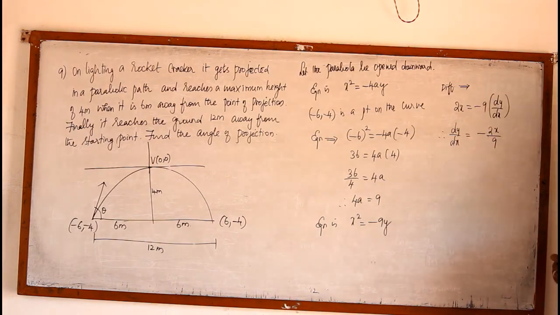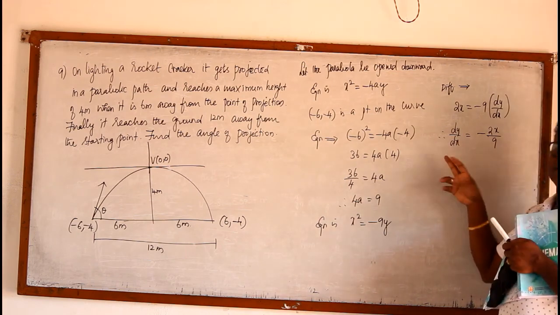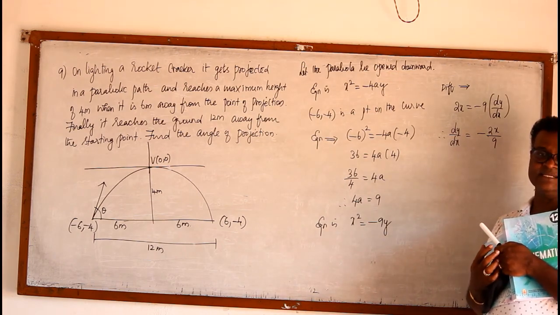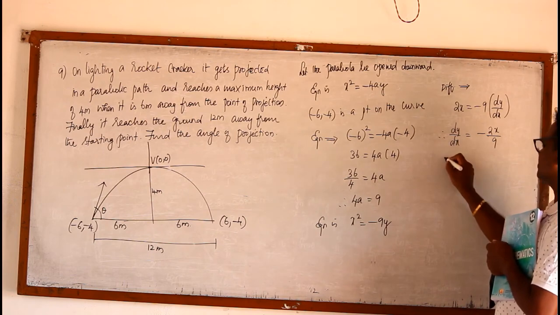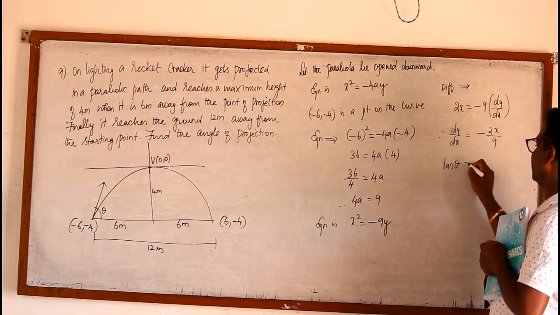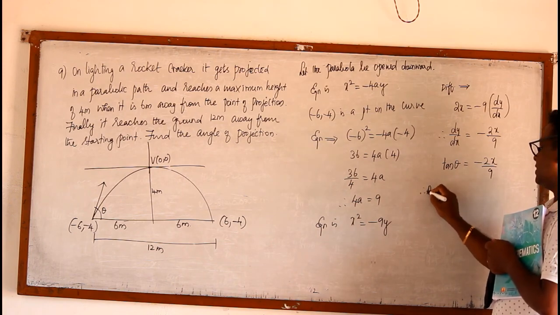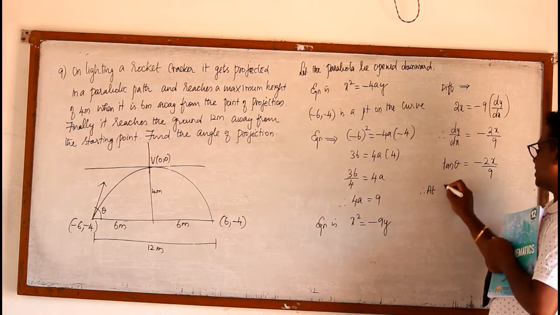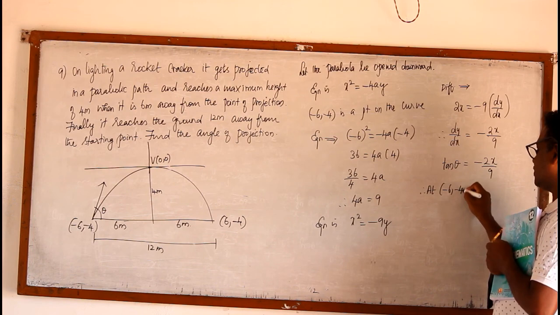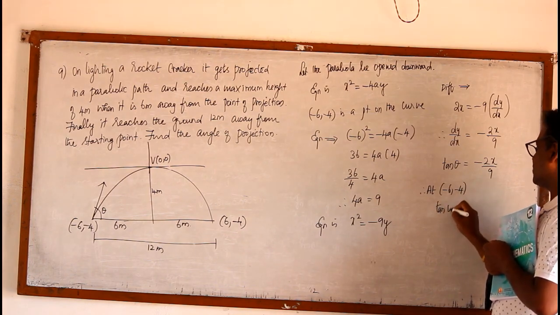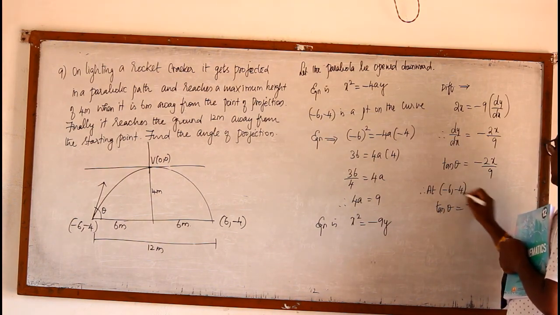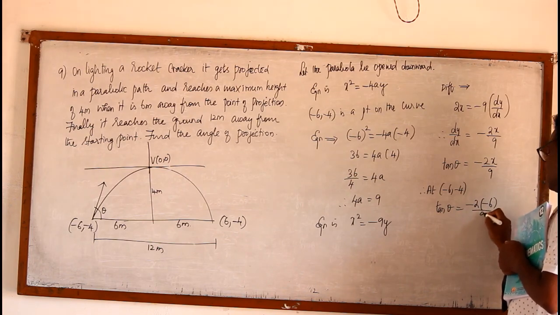Okay. Now all of you listen carefully. Differentiation means what? Slope of the tangent, isn't it? That means dy by dx means tan theta. Tan theta is minus 2x by 9. Therefore, again the point is projected at (-6, -4). Tan theta is once again minus 2 into x value minus 6 by 9.